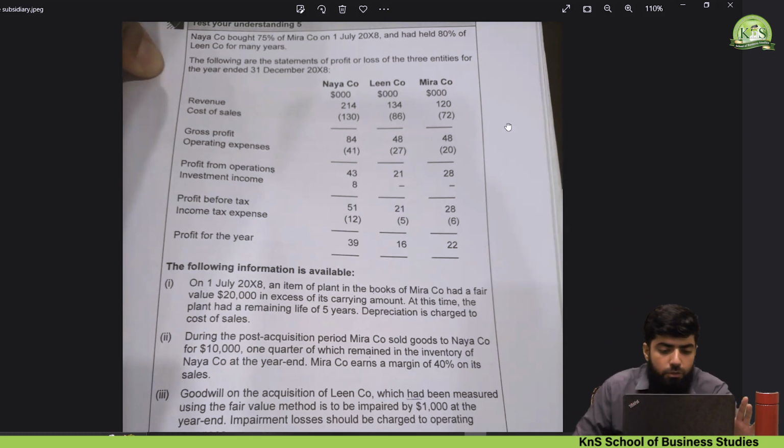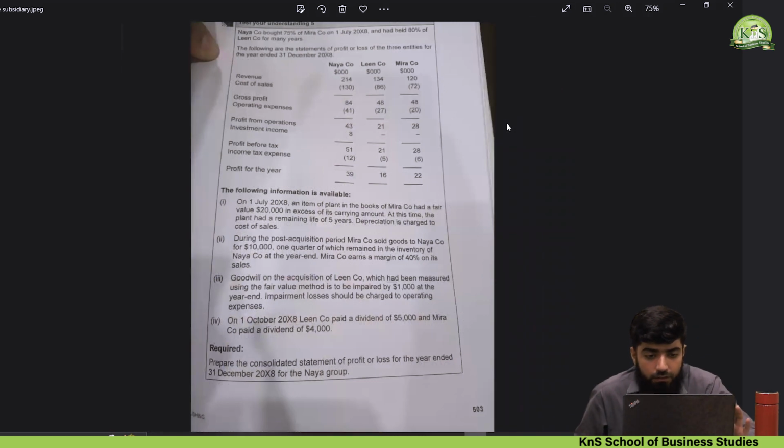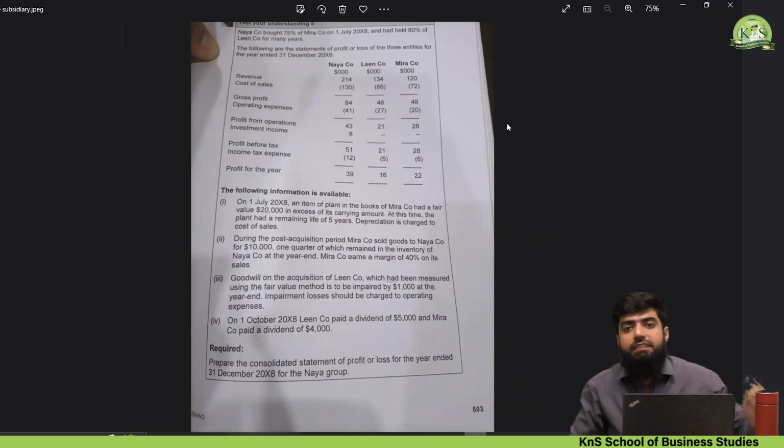There is some other information given, so let's read all those adjustments. On 1st July 2008, the date at which the Media company was acquired, an item of plant in the books of Media company had a fair value of 20,000 in excess of its carrying amount. That shows the revaluation surplus.